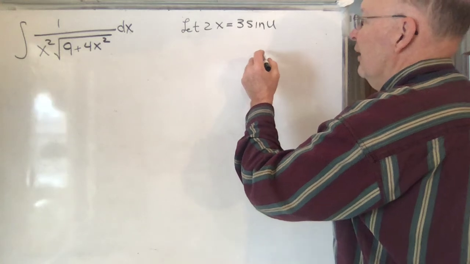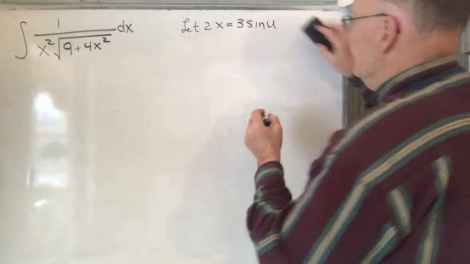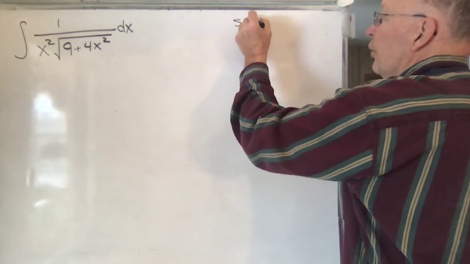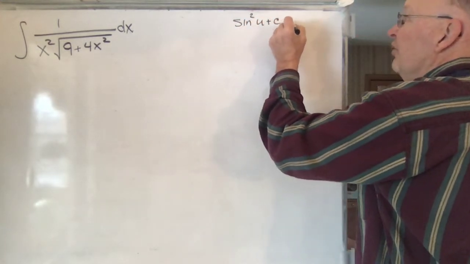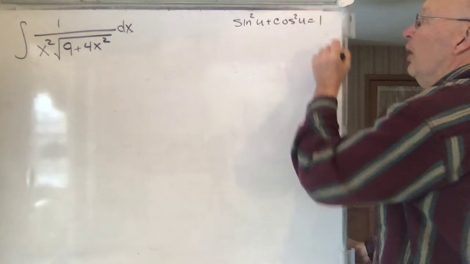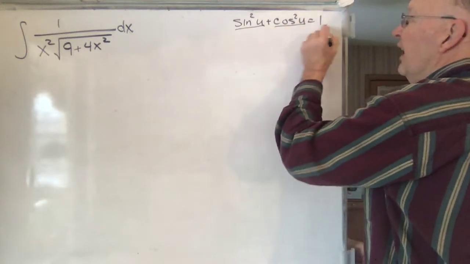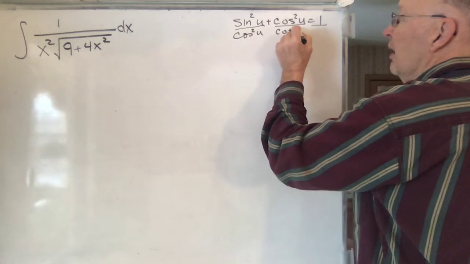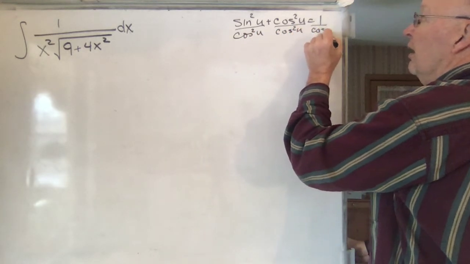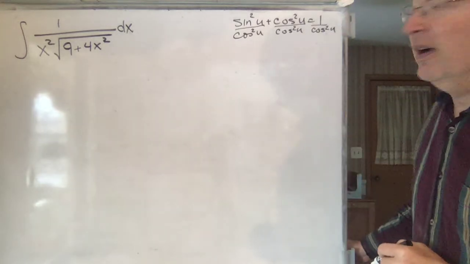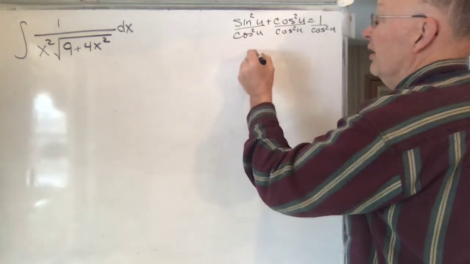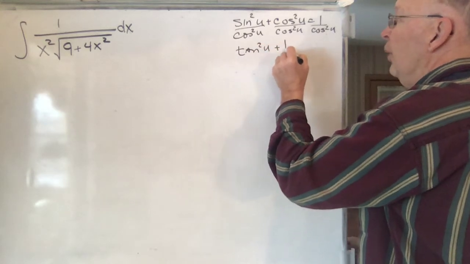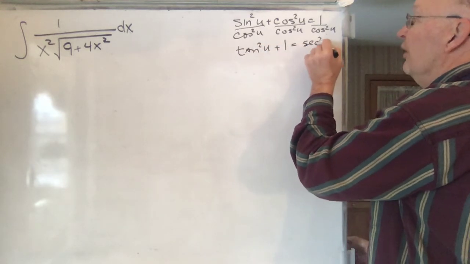Okay, but here's what you can remember. Since sine squared u plus cosine squared u is equal to 1, if you divide everything through by cosine squared, you're going to get tangent squared u plus 1 is equal to secant squared u.